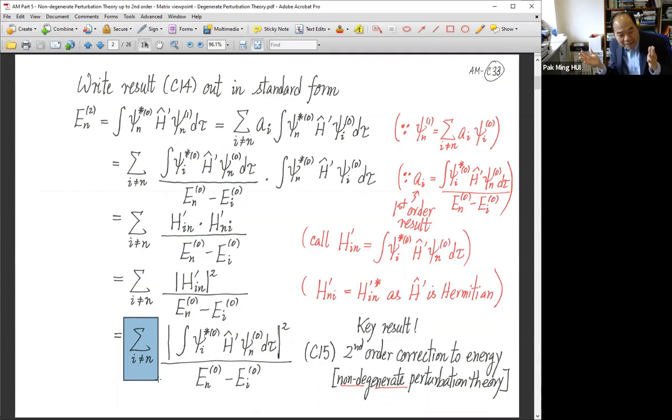Okay? So the second order equation can be taken as very lively. This thing is trying to push me up, this thing is trying to push me down, and more. The states that are near to me in energy have a bigger power to push me up.